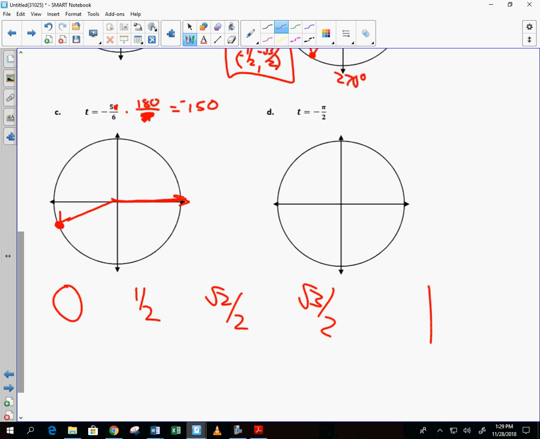I draw a side to the x-axis. Who can tell me if this is 150 degrees right here, what is this small little angle right here? 30. Because it has to add up to 180, right? Good.